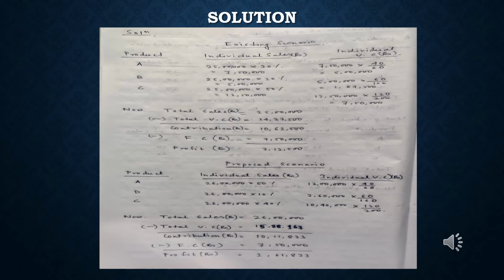Continuing with the solution of discontinuation of a product line, we have two scenarios: one is the existing scenario and the other is the proposed or changed scenario which the organization is willing to operate on. To compare these two scenarios, the best way is to compare the individual profits of those scenarios.